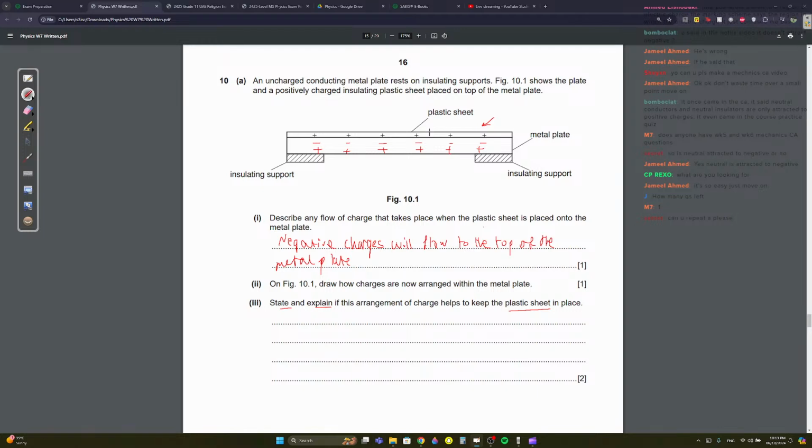Of course, it will help to keep the plastic sheet in place. Why? Because there's going to be an attraction force between this positive and this negative. So yes, it will help keep it in place because unlike charges attract.